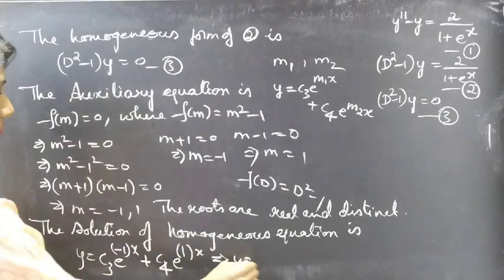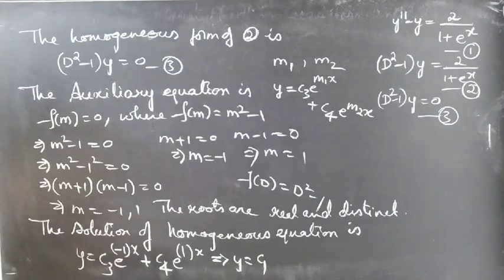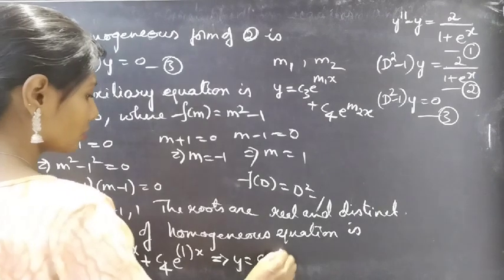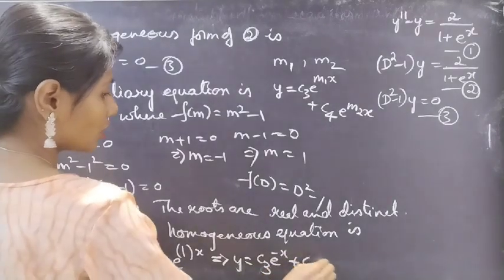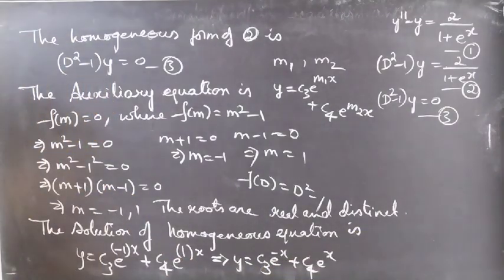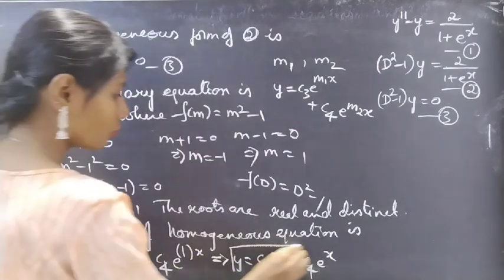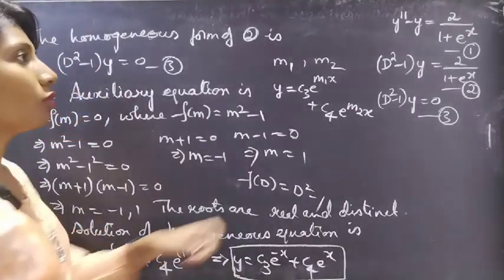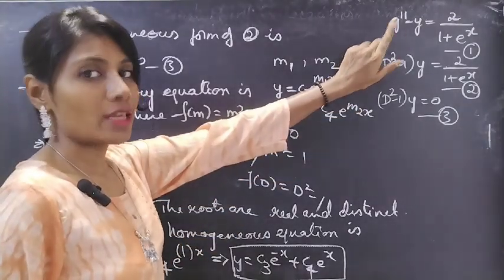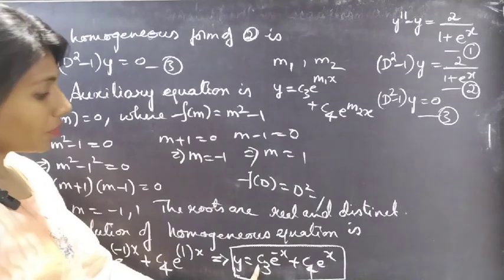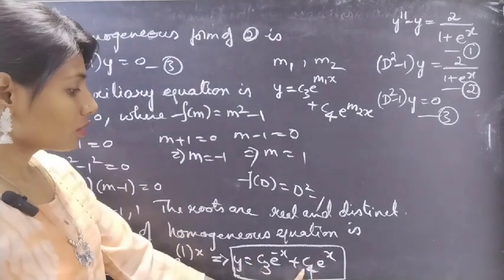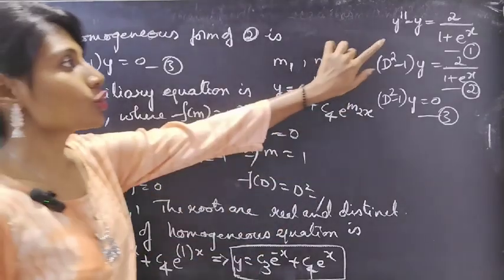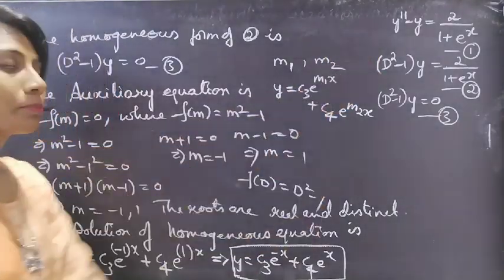Then y equal to C3 e power minus x plus C4 e power x. So we got the solution of the homogeneous equation, and using this we'll write the general solution of the given differential equation. By changing the parameters, or the constants, to functions of x, we'll get the general solution of equation 1.